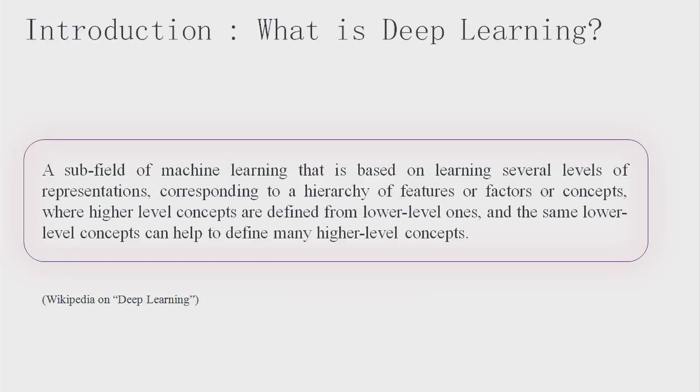It's a subfield of machine learning corresponding to learning several levels of representation, which is a hierarchy. Higher level concepts are derived from lower levels, and the same lower level concepts can be used to define higher level concepts.